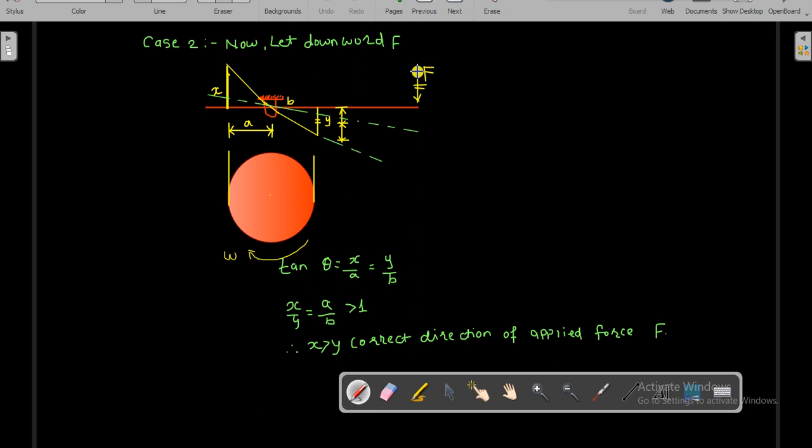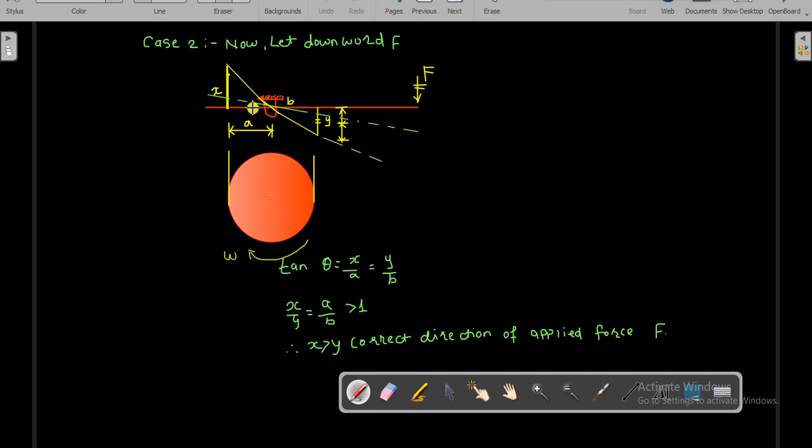Now in this case you can see this is the direction of the applied force, and let us say our fulcrum will move to this position, this dotted line, finally to this second dotted line. So there will be y length of elongation at this band end, and at the band end on this left side there will be x length.